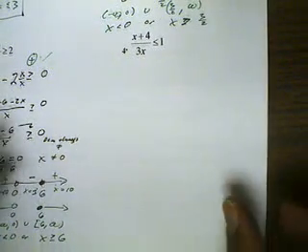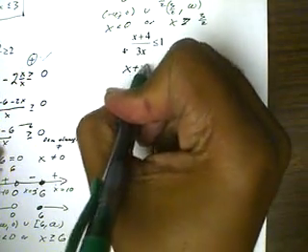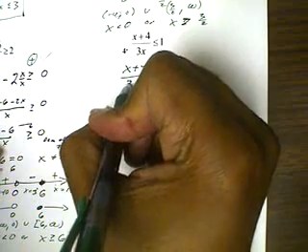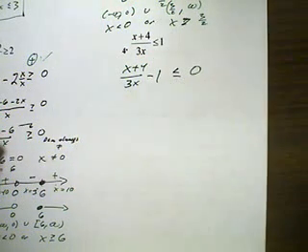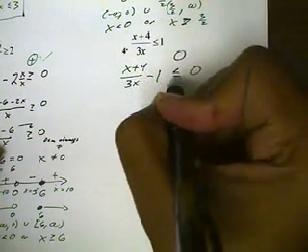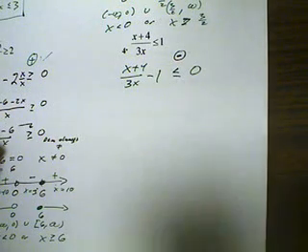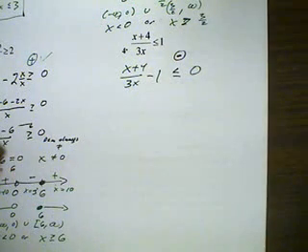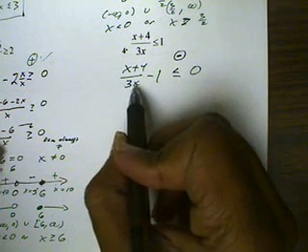Alright, number 4. Once again, we want this set equal to 0, so I'm going to move the 1 over. So this will be x plus 4 over 3x minus 1 less than or equal to 0. And with this, since this is less than 0, we're looking for negative pieces. Alright, now for the 1, we want to combine the 1 with this, which has a denominator of 3x.